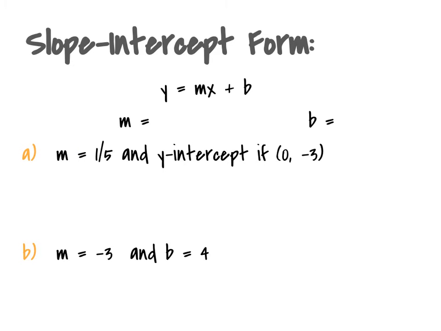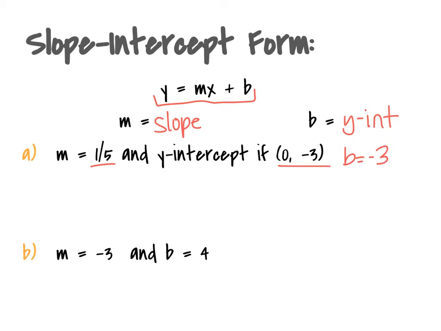Okay, now let's talk about slope-intercept form. Slope-intercept form is y equals mx plus b, where m is slope and b is y-intercept. So example A here says that slope is 1/5 and y-intercept is (0, -3), which really just means that the y-intercept is -3. Your y-intercept is always going to have x equals 0.